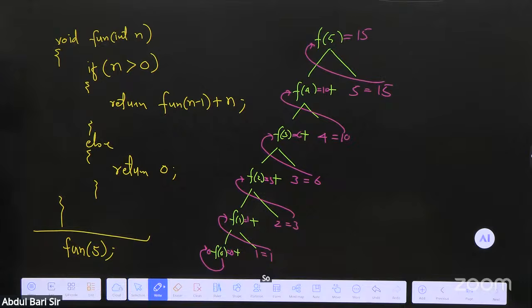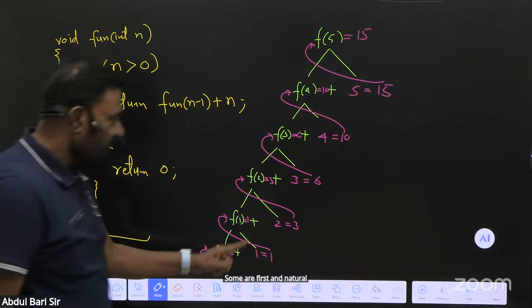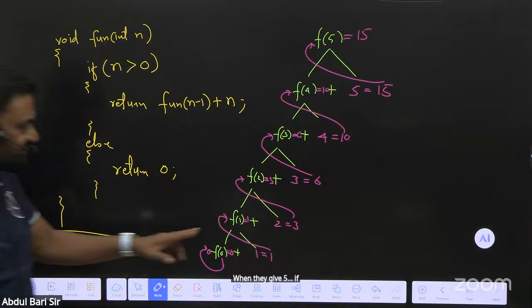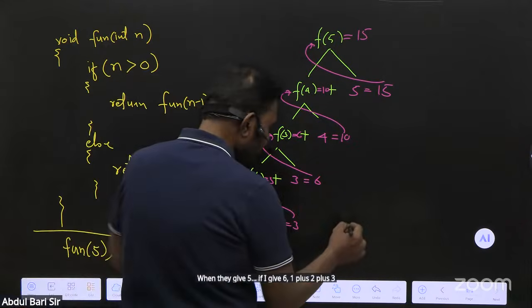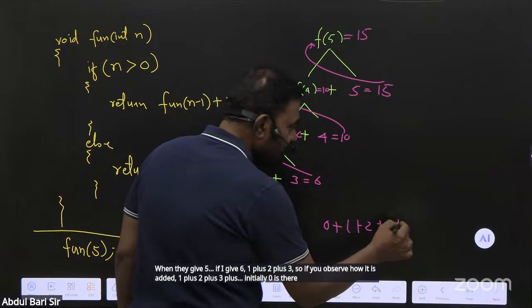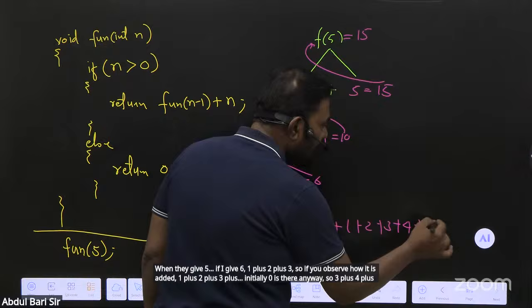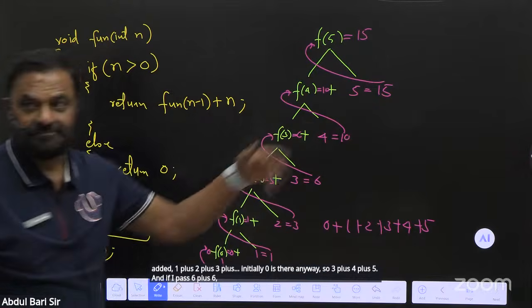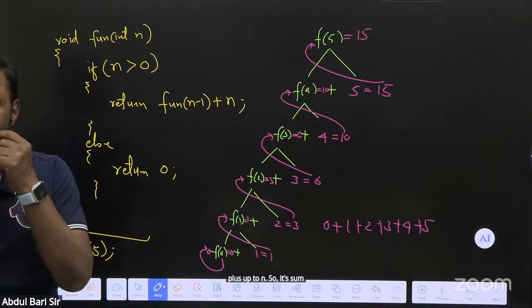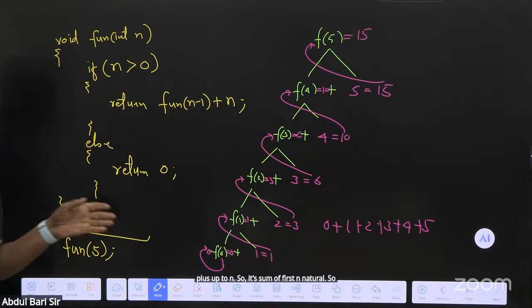So what is this function doing? Sum of first n natural numbers. If you observe 1 plus 2 plus 3 plus 4 plus 5. When I gave 5, if I give 6, 1 plus 2 plus 3 plus, initially 0 is there anyway, 3 plus 4 plus 5. And if I pass 6, or 10, or n, it adds up to n, so it's the sum of first n natural numbers.